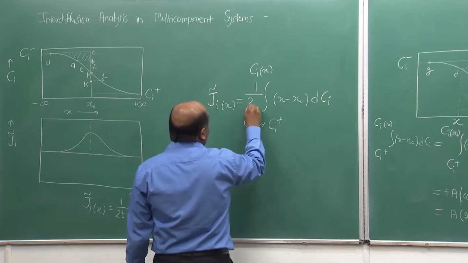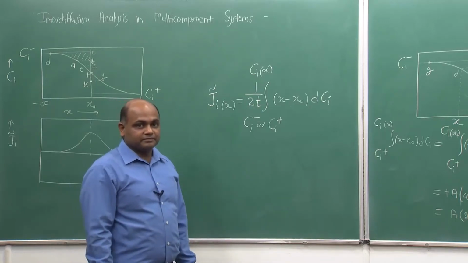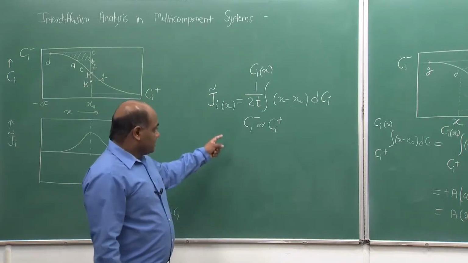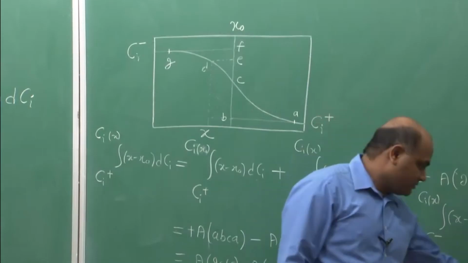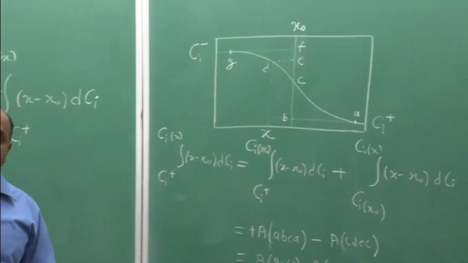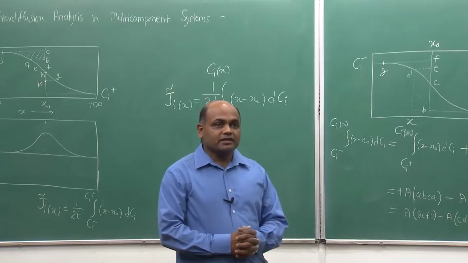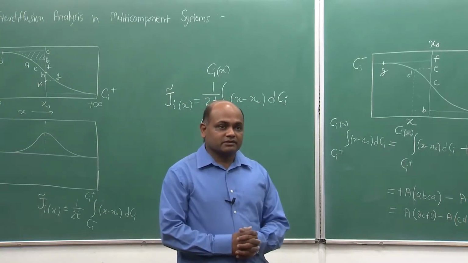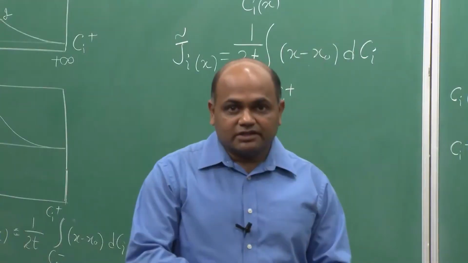We need to multiply by 1 over 2t. Now once we find the interdiffusion flux, our next objective is to find the interdiffusion coefficients. And what is the method used for that, we will see in the next class.